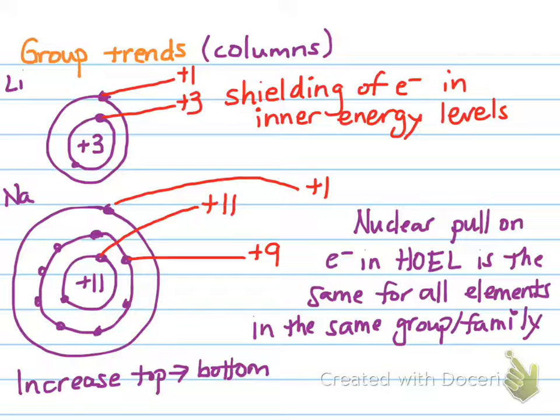In our lithium, we only have 2 energy levels. In sodium, we have 3 energy levels full of electrons. And so that is the reason why we see the increase in atomic size from top to bottom within a column or group or family of the periodic table.